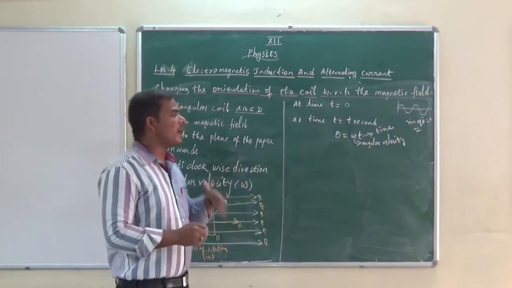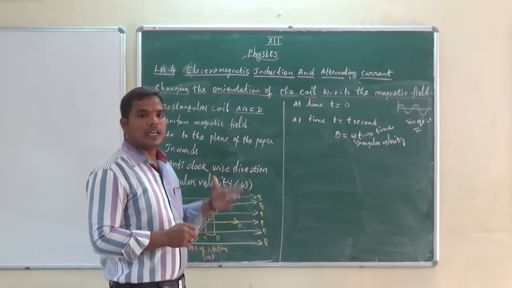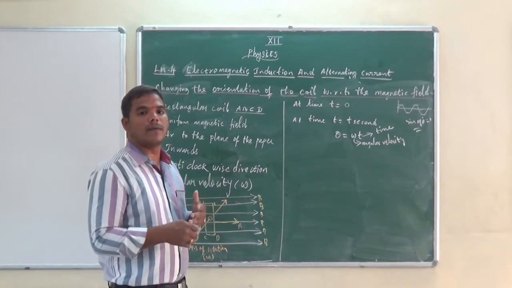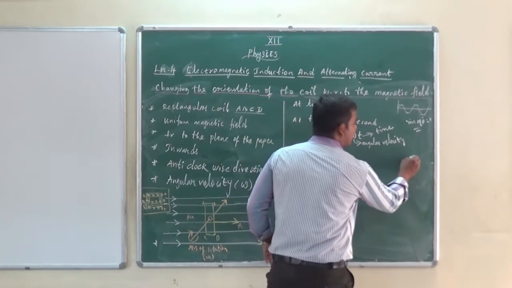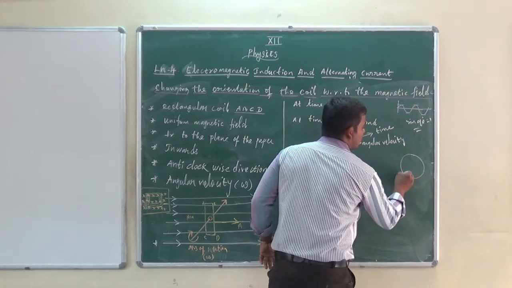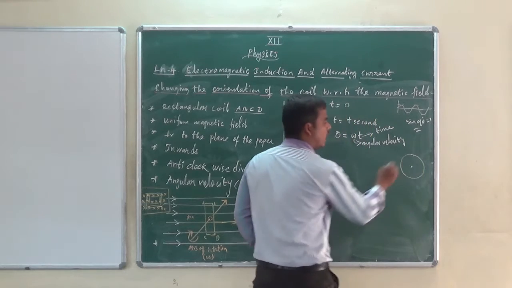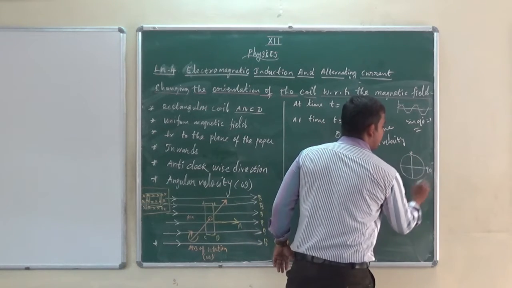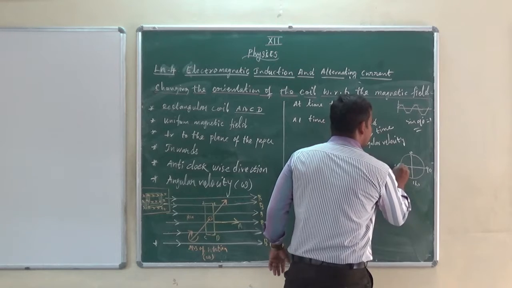When the coil starts to rotate, it moves through 360 degrees. In a circle, 360 degrees is divided into four sections: 0, 90, 180, 270.